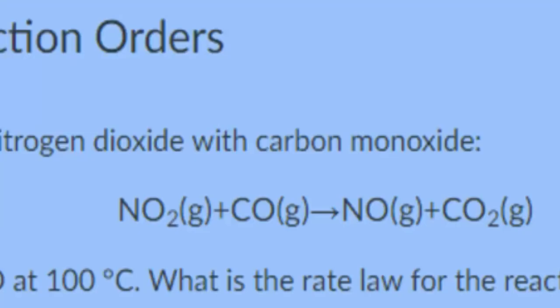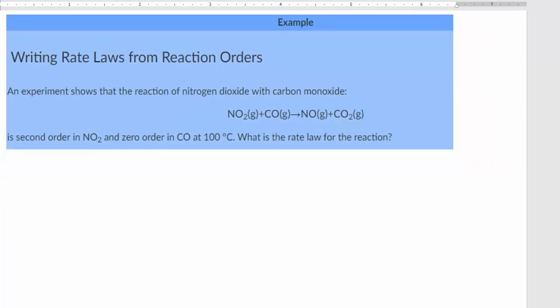So if we're going to write those reaction orders, those rate laws, and we're given an example like this, we have this chemical equation here, NO2 plus CO reacts to form NO plus CO2. We're going to use our standard rate law expression, and we're going to determine what these exponents will be.